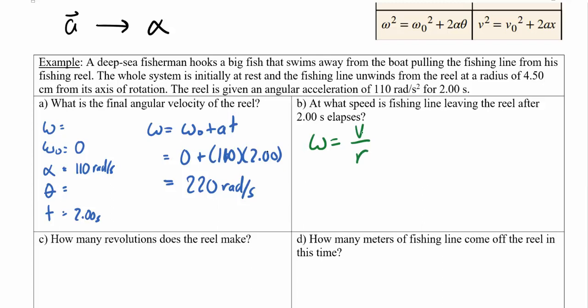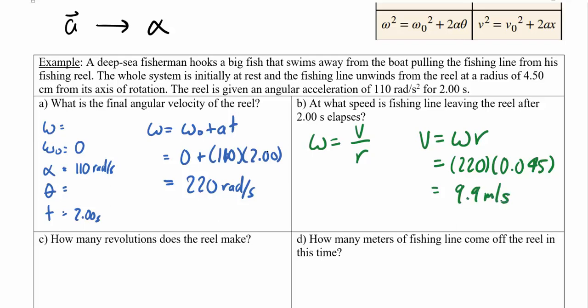So the velocity would equal the angular velocity times the radius, which is 220 times 0.045. Remember, that was in centimeters. And so 9.9 meters per second is how fast the line is actually coming off the reel.